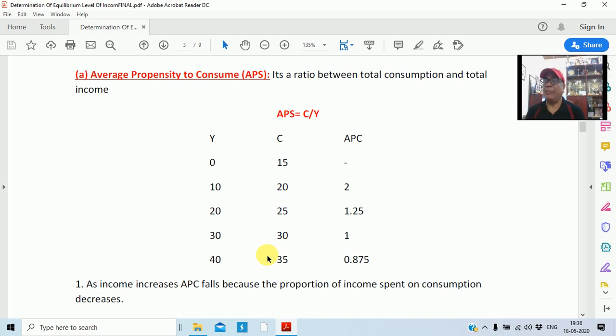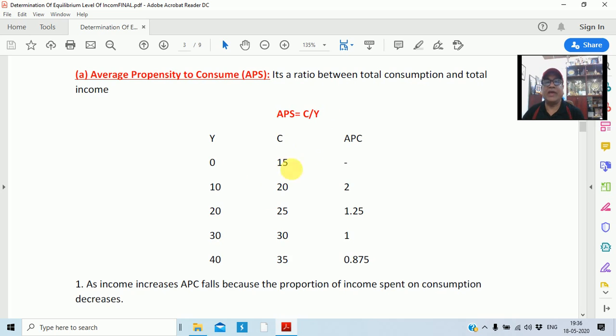If the APC is 0.75, it means people are consuming 75% of the income in the economy and saving only 25%. So through APC we know how much percent of total income in the economy the people are consuming. And we calculate APC as C by Y.